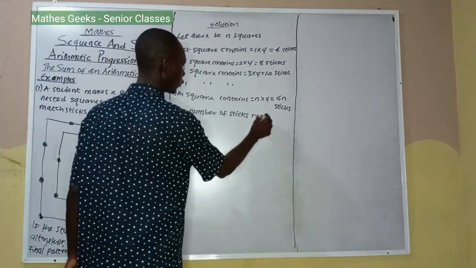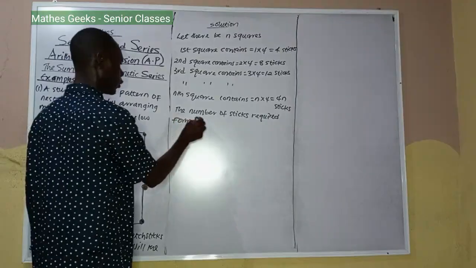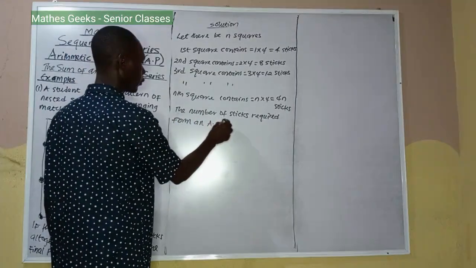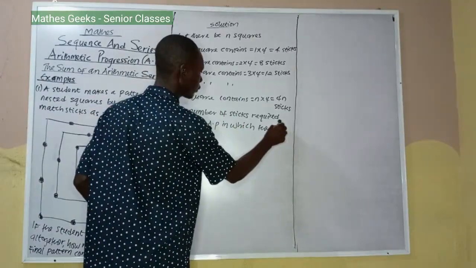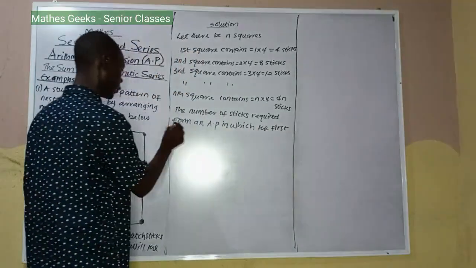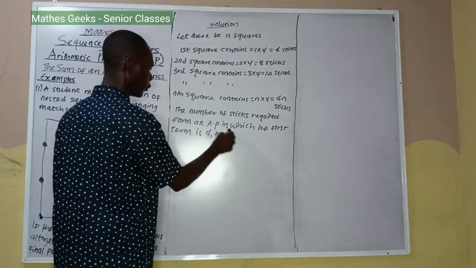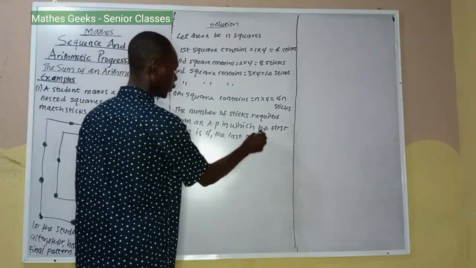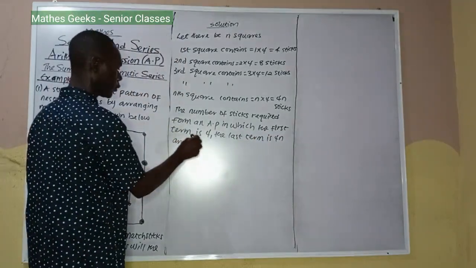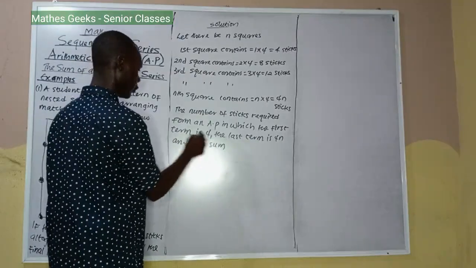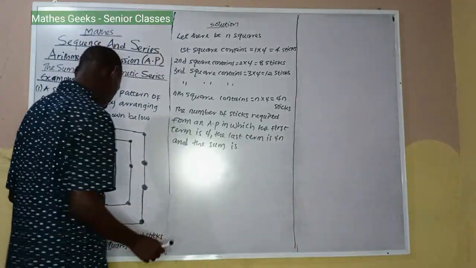forms an AP in which the first term is 4, the last term is 4n, and the sum is 312.